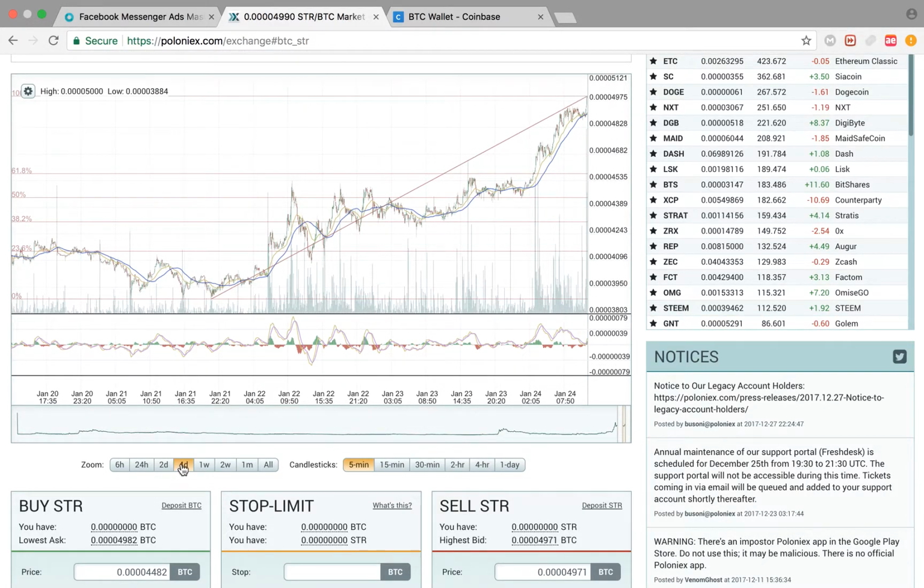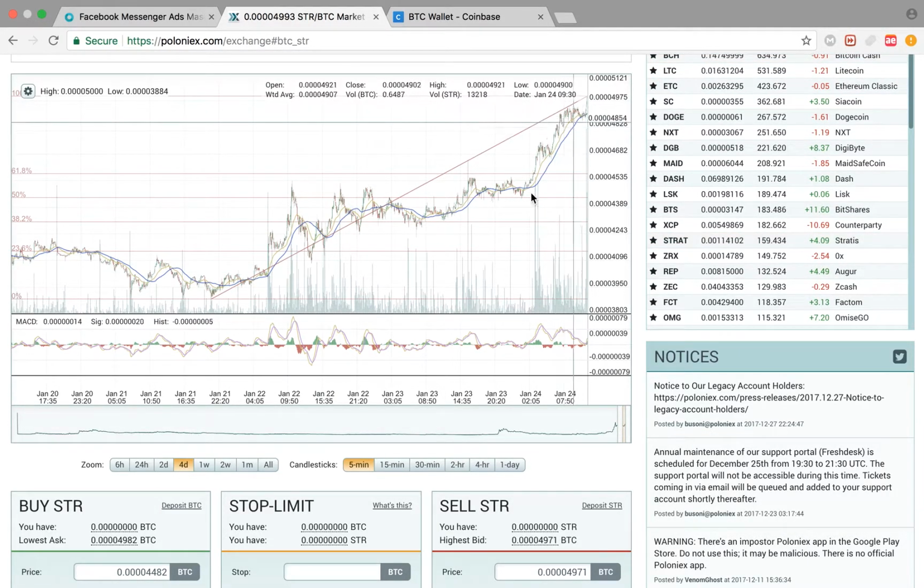In the last 4 days, the price for Stellar went up very, very quickly from, at the lowest, somewhere down here at around 0.00003892, up to this point right now at 0.00004968, which actually is a jump of maybe around 20%, or a little bit less.